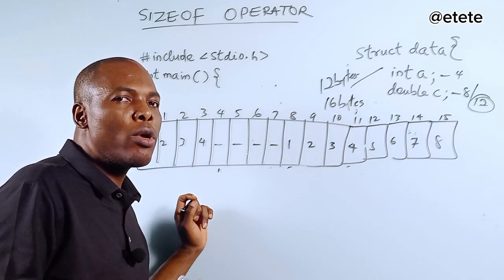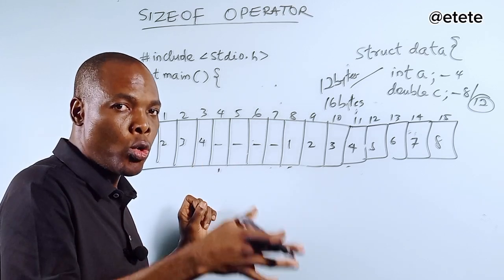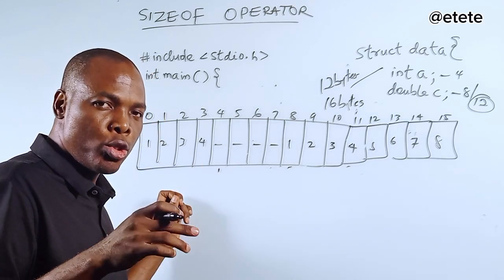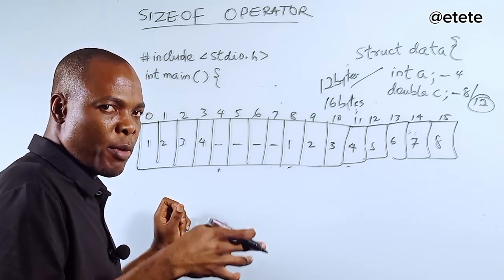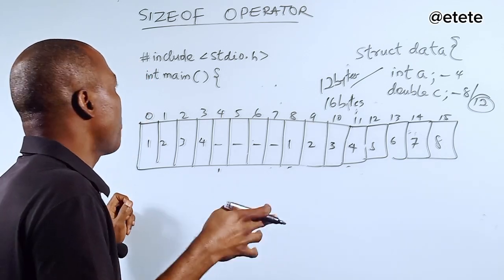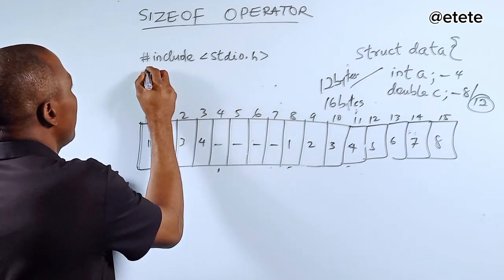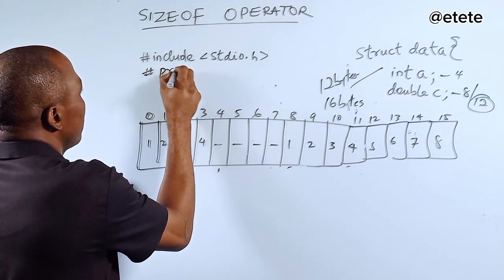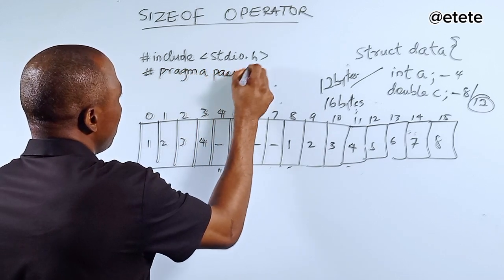Now, if you don't want it to give you that padding, from the very beginning of writing your code, you have to introduce a preprocessor directive, which is called pragma pack. So before you start your program, you also include this pragma pack 1.